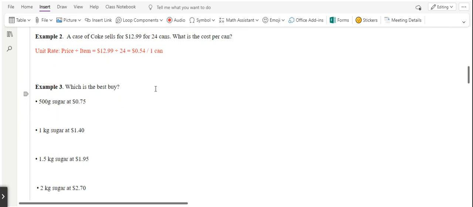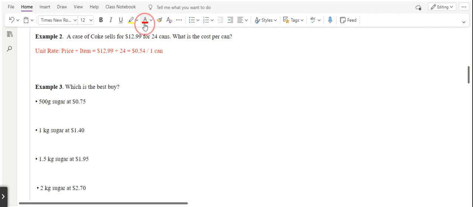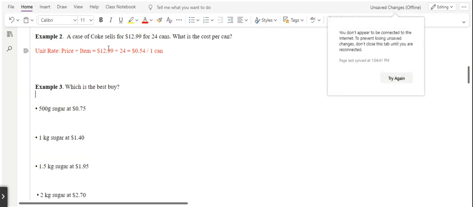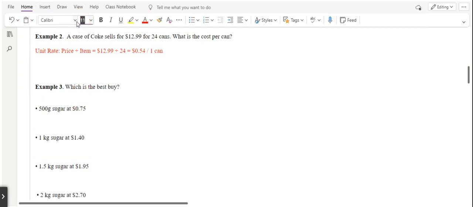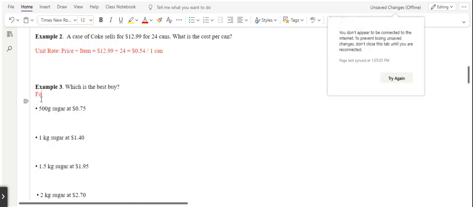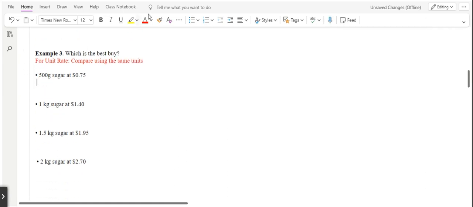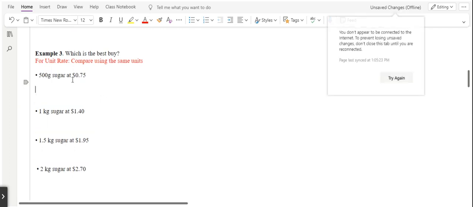And so for unit rate, I should make a little note and say for unit rate, we want to compare using the same units. Okay, and so what do we have here?